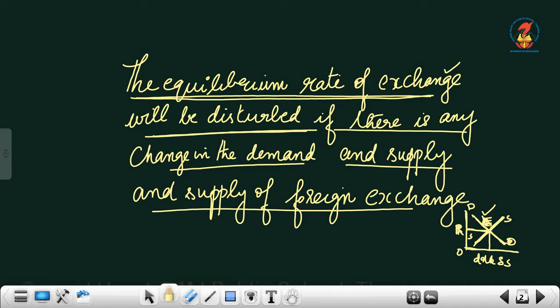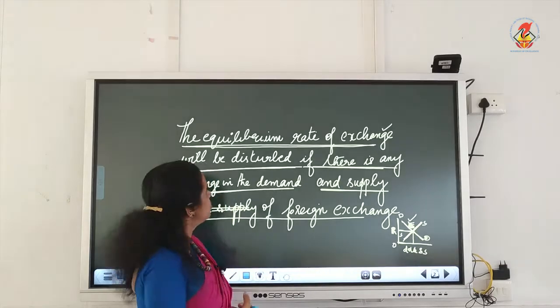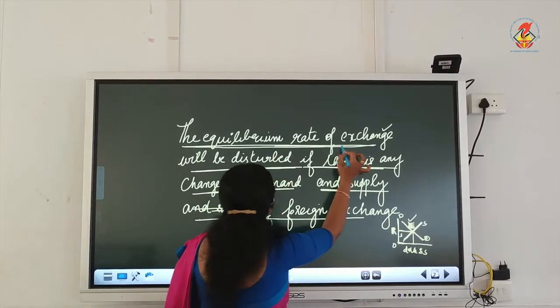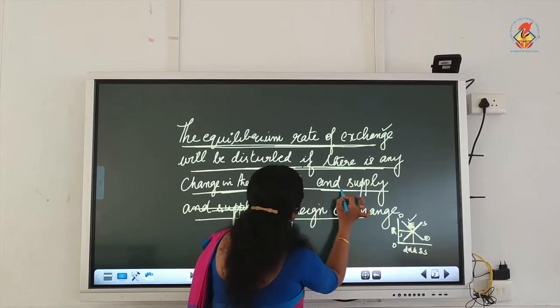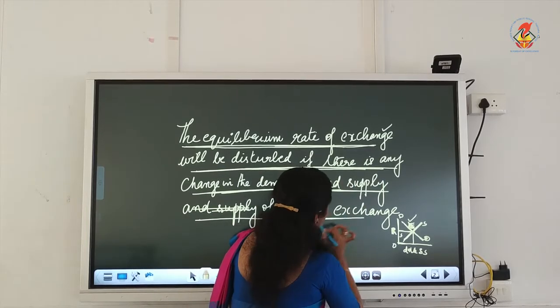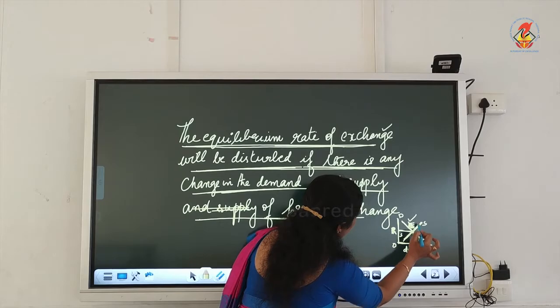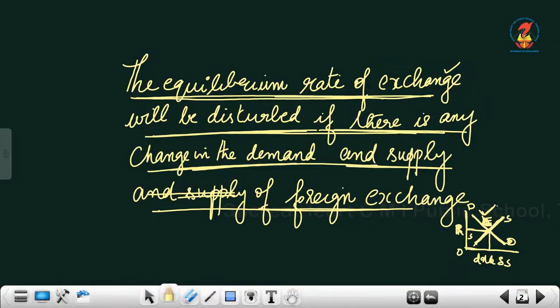I mean, this particular E can change when there is any change in the demand and supply of foreign exchange. Whenever this demand and supply changes, this equilibrium position also changes.